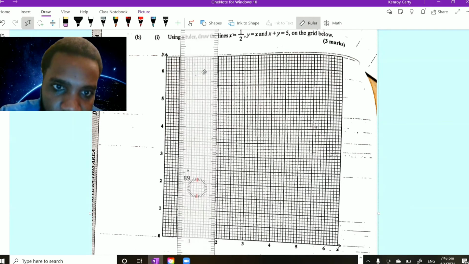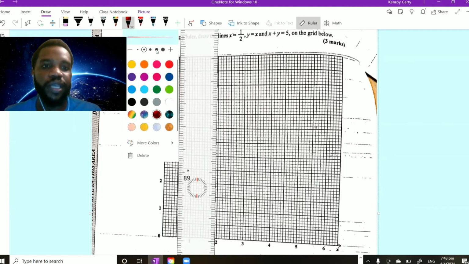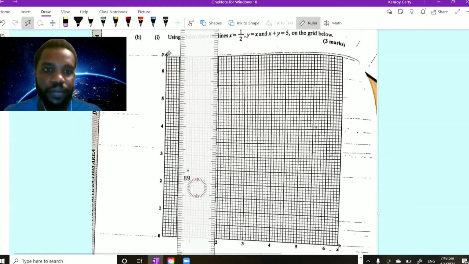And of course, half is midway between 0 and 1. I know we can agree on that. All right, and you're going to draw a vertical line through that. So let me go right here. Let me get it as bold as possible so we can see it.